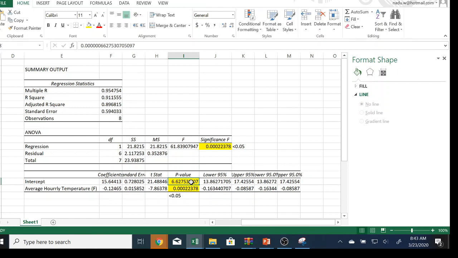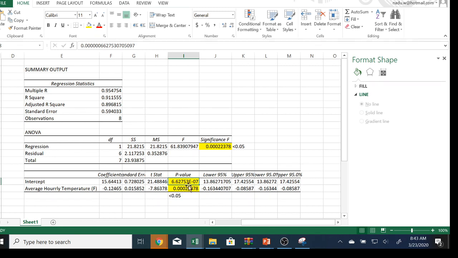If you are not sure whether this value is below 0.05, click on this cell and look at the value in the formula bar. It's a very small value. So we have looked at the significance for the regression model, and the significance for the independent variable and the intercept.